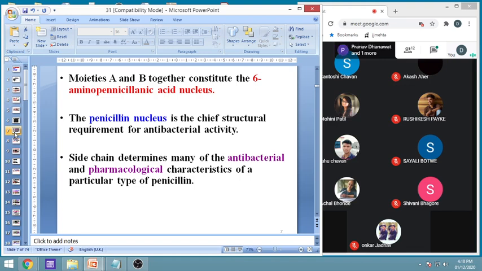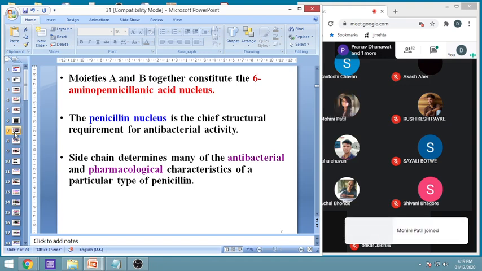Natural, for example, is penicillin G, penicillin V. The second are the semi-synthetic, meaning half is natural and half is synthetic. What is natural? The 6-aminopenicillanic acid is natural, and the other groups are attached externally. After that, we call it semi-synthetic. And synthetic means completely outside. There is no need of bacteria or culture, nothing comes from bacteria, we call it synthetic.